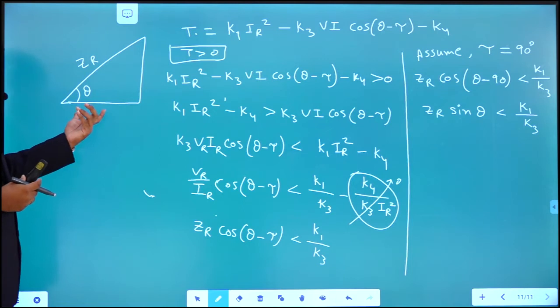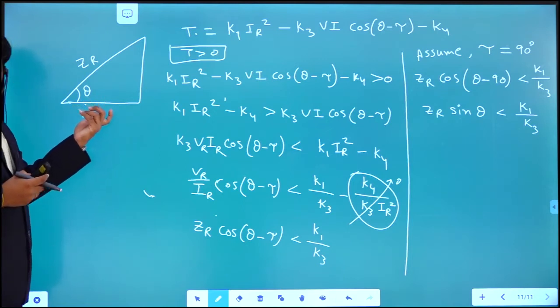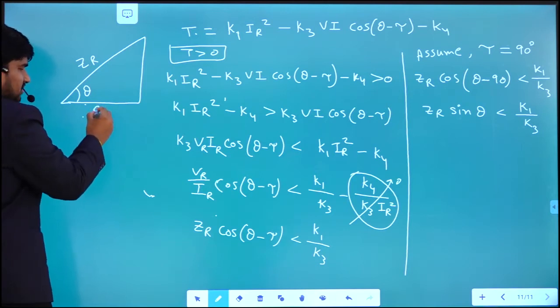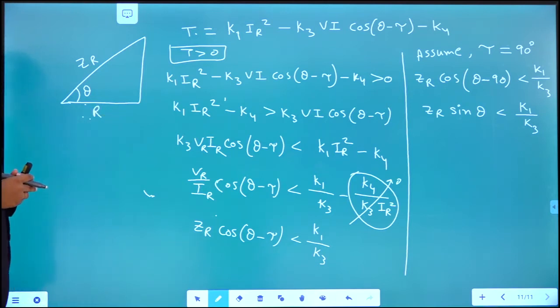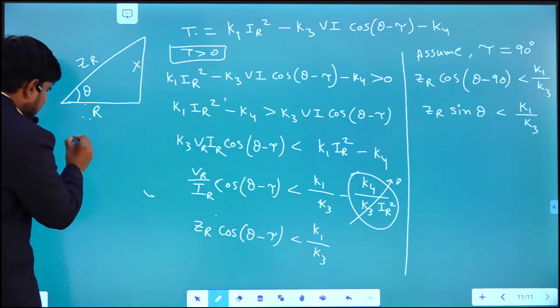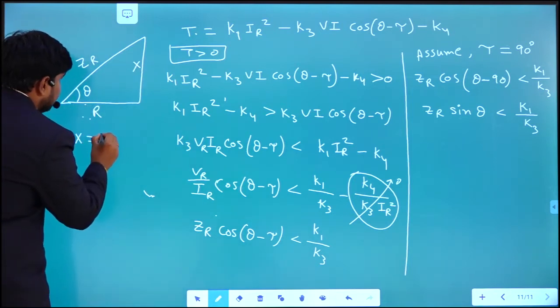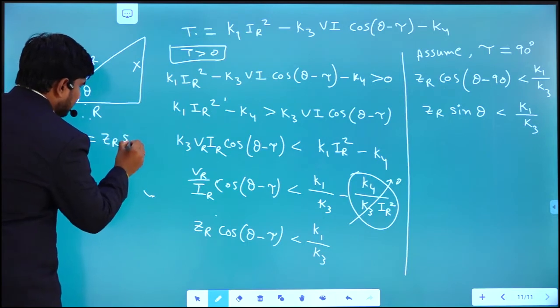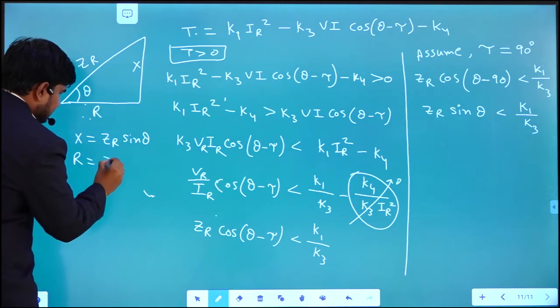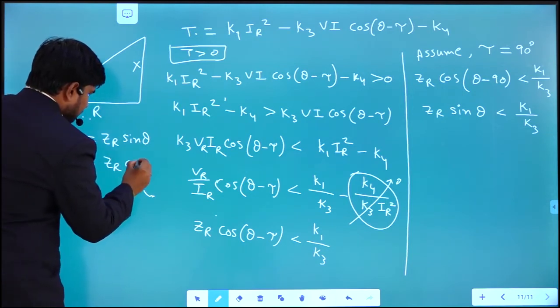Now this adjacent parameter is ZR cos theta, which is also called R. And the opposite parameter, that is X, is nothing but ZR sin theta, and R is nothing but ZR cos theta.